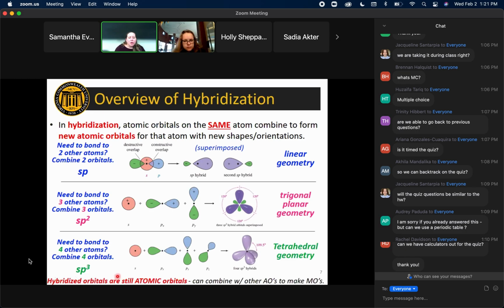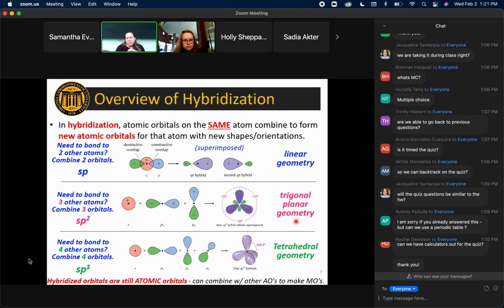Okay, and this is my reminder that everything on the slide is an atomic orbital still. We're only talking about what's happening at an atom. It could be a carbon atom, an oxygen atom, a nitrogen atom, a phosphorus atom. It doesn't matter. We're only talking about what is happening at one nuclear center and the atomic orbitals that atom owns.